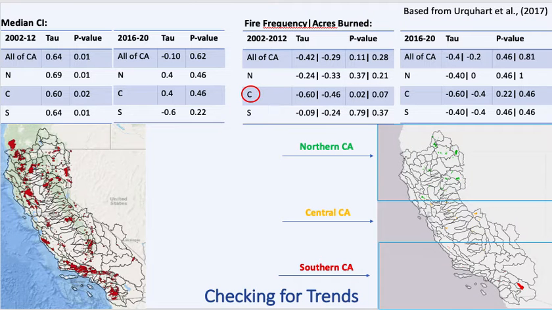Here are the results of a non-parametric Mann-Kendall test, testing to see if the median cyanobacteria index, fire frequency, and acres burned follow a monotonic trend for northern, central, and southern California, and California as a whole. The separation of regions and the methods are based on a method for examining temporal changes in cyanobacterial harmful algal bloom spatial extent using satellite remote sensing by Coffer et al., who used the same MERIS satellite for 2008 to 2012.